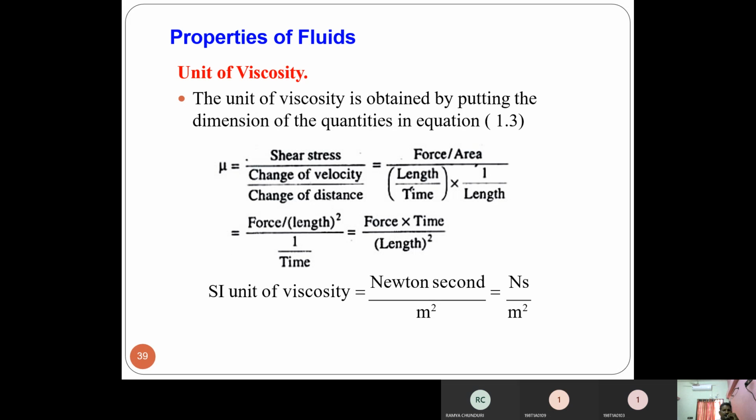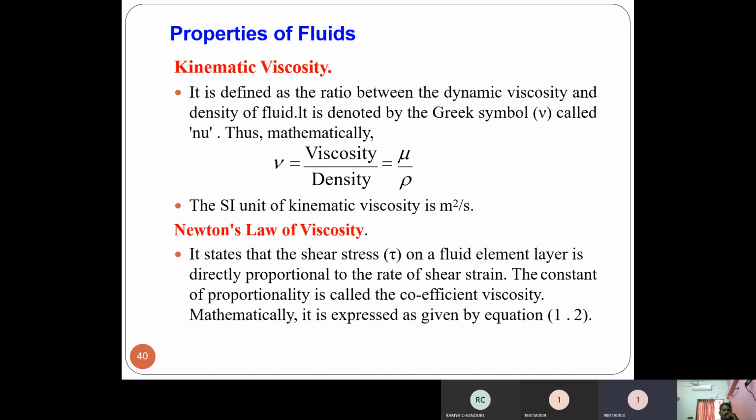Now see the second slide. Kinematic viscosity is the ratio between the dynamic viscosity and the density of the fluid.